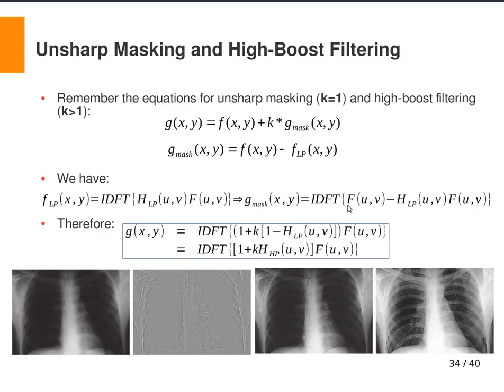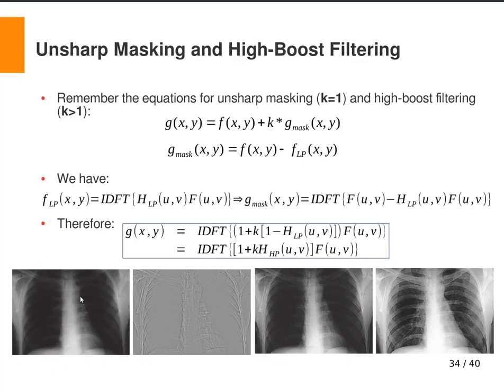If we combine all these equations together, the unsharp masked version of the image is the inverse discrete Fourier transform of 1 plus k multiplied by 1 minus h of LP, multiplied by F of u and v. If we replace 1 minus h of LP with h of HP from a previous slide, we saw that the high pass filter is 1 minus the low pass filter in the frequency domain. Then the equation is simplified to this, and here you see an example in practice.